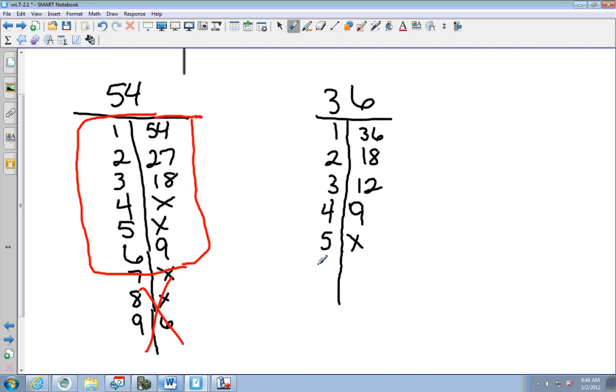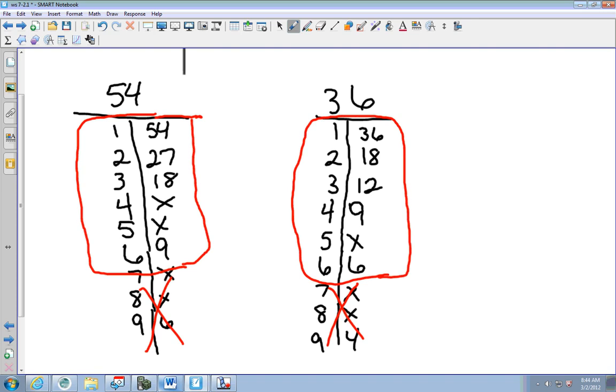Nope. 6? 6 and 6? 7? 8? 9? But we're repeating, so go away. Here we go. What's the biggest number that's in common? 18. My GCF is 18.